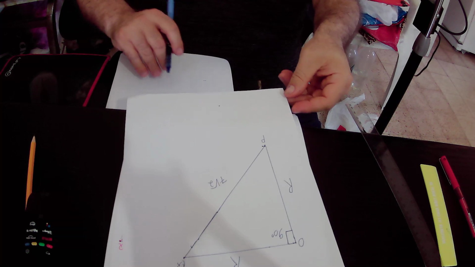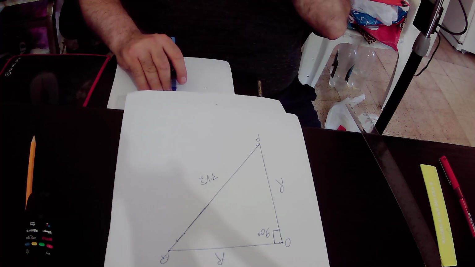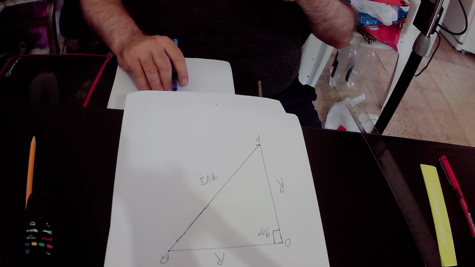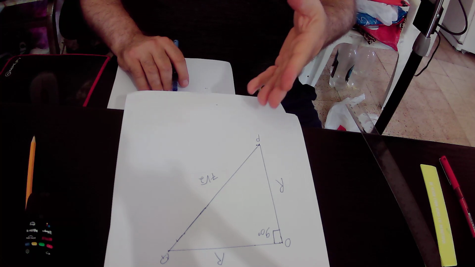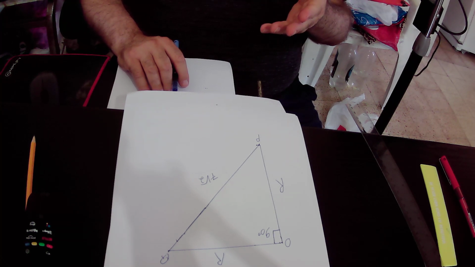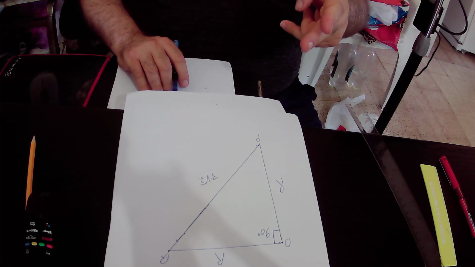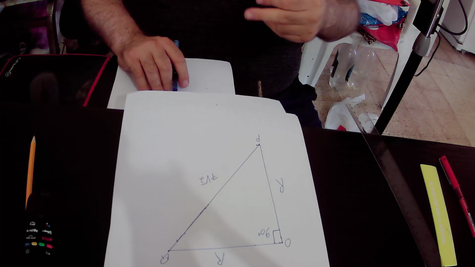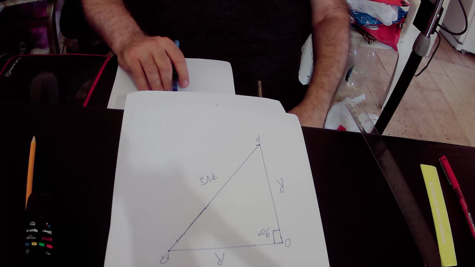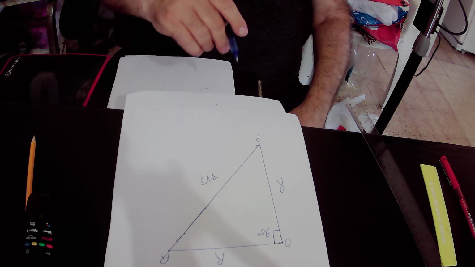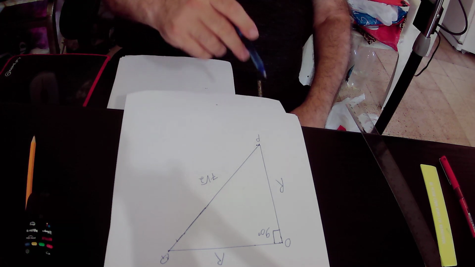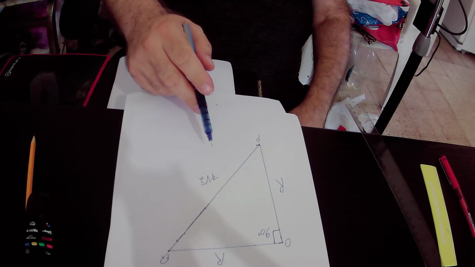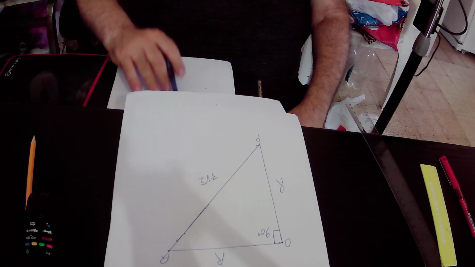So this is the right triangle POQ. Side OP of this right triangle is capital R. Side OQ is also capital R, and the hypotenuse of this right triangle equals 7 times root 2.